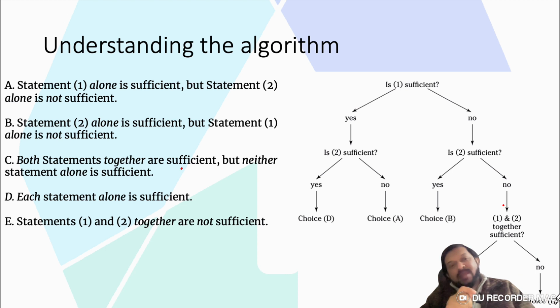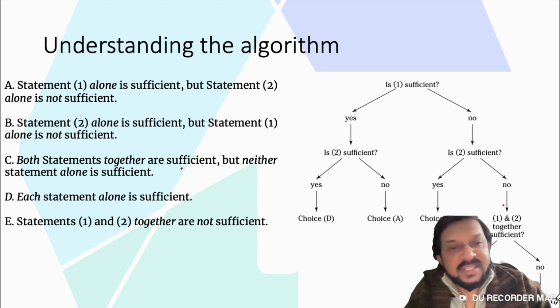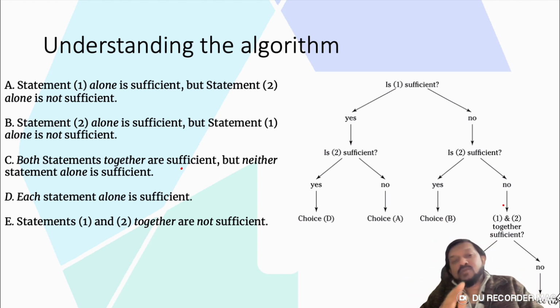If statement 1 alone was sufficient and statement 2 alone was sufficient, then option D is the answer. And if A, B or D, any one of them is possible, then we do not combine the two statements under any circumstances. Combining the two statements will come if and only if statement 1 independently has failed to get an answer and statement 2 independently has also failed to get an answer. Otherwise, we never combine the two statements.